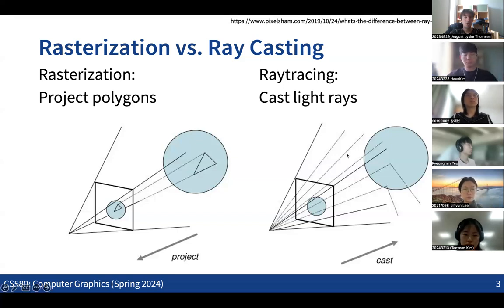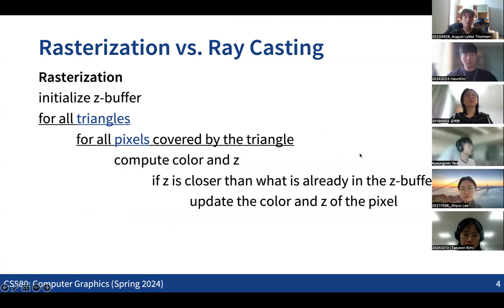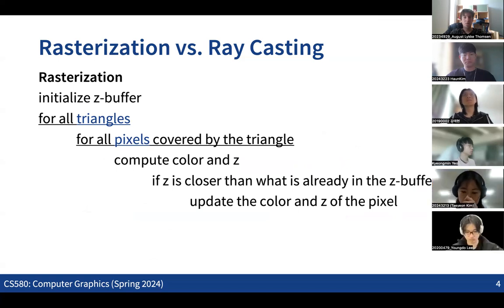Algorithm-wise, in rasterization, for all the triangles in the mesh, we project them onto the 2D plane, and then we care about the pixels that are included in each triangle, interpolating the color and depth information, and updating the final image when the depth we calculate is shorter than the depth in the depth buffer.